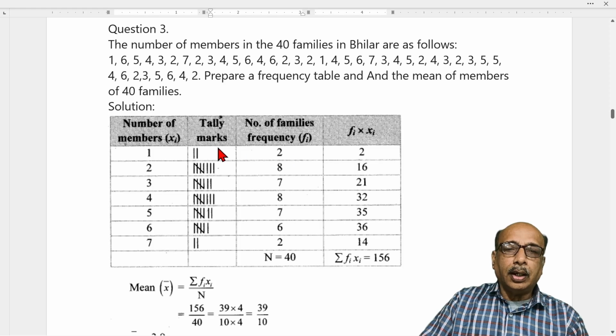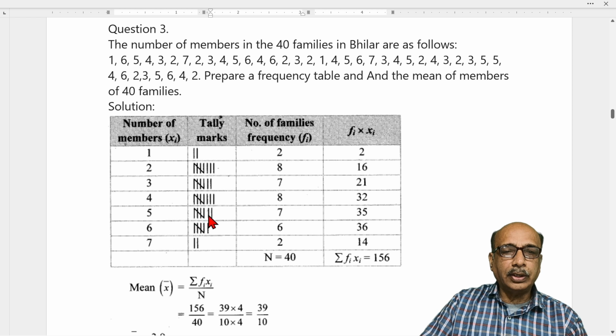Clear? So 2 is the frequency, 5 plus 3, 8 is the frequency, 5 plus 2, 7 is the frequency, 5 plus 1, 6 is the frequency, 2 is the frequency. Make the total of this, N equals 40.